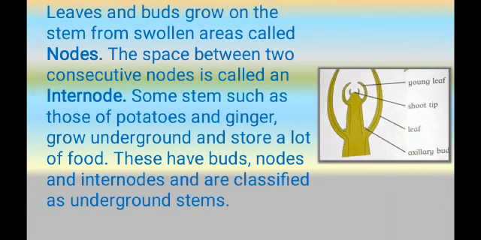Knot is that part of the stem where a leaf arises. The adjacent side of two knots is called internode. Some stems are underground, just like the potato. Underground stems store food for the plant body.